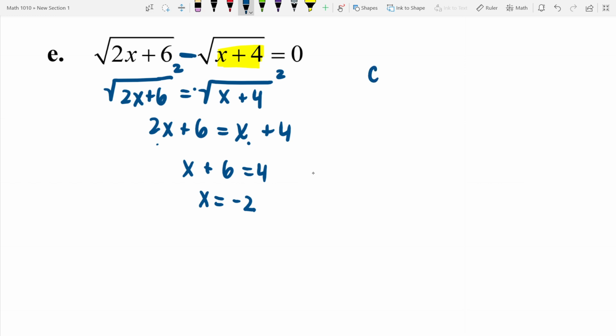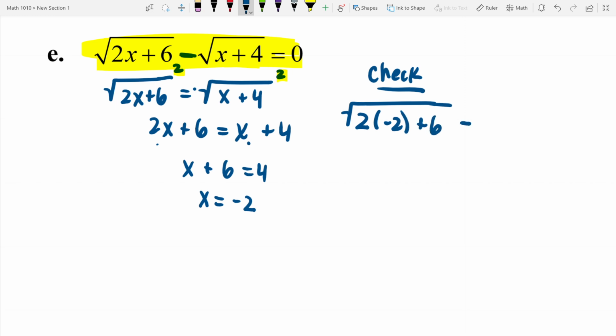Now this one I am required to check because I even powered both sides. Remember, when you check, you always check from the original. So everybody go the square root of 2 times negative 2 plus 6 minus the square root of negative 2 plus 4 is equal to 0.